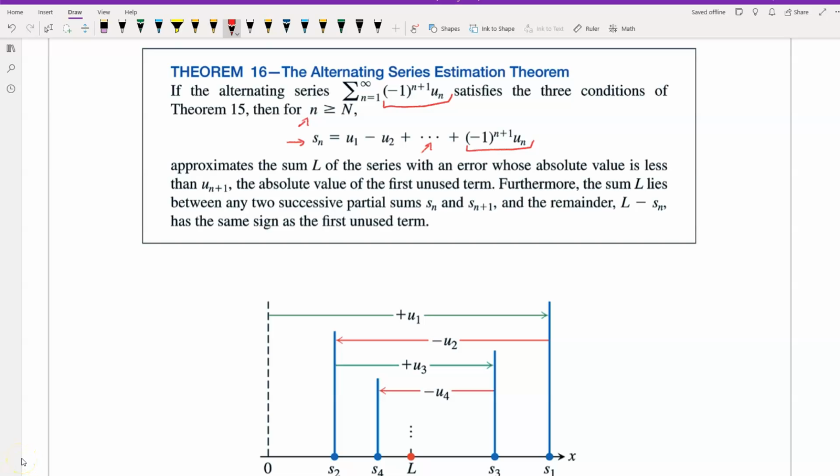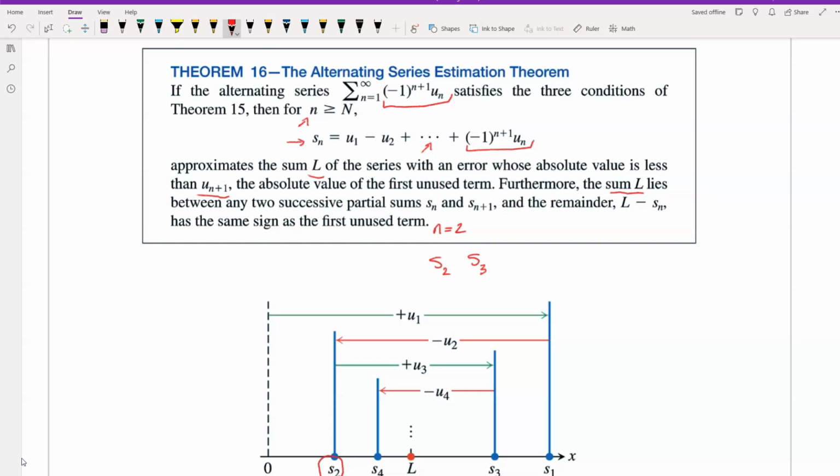So S sub n approximates the sum L of the series with an error whose absolute value is less than u sub n plus 1, the absolute value of the first unused term. So the sum L lies between any two successive partial sums S sub n and S sub n plus 1. For example, if we use n equal to 2, we're going to have S sub 2 and S sub 2 plus 1, so S sub 3.